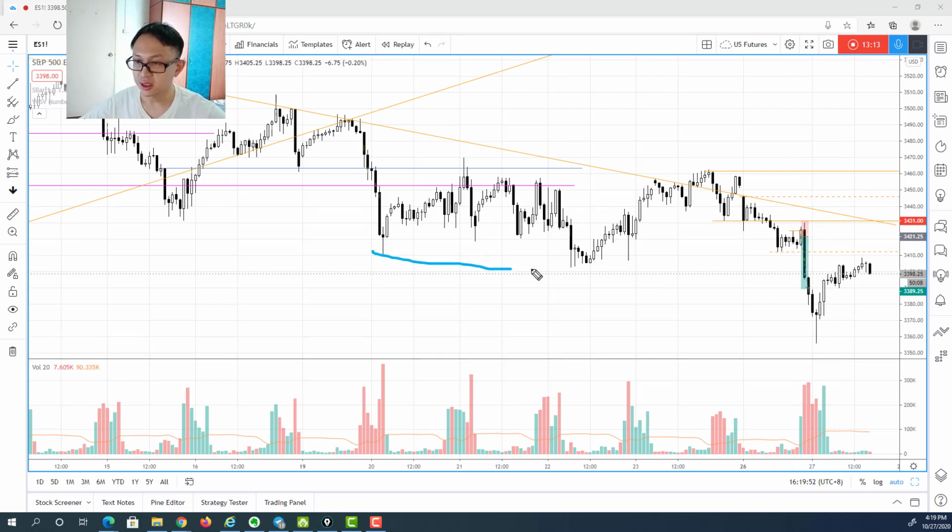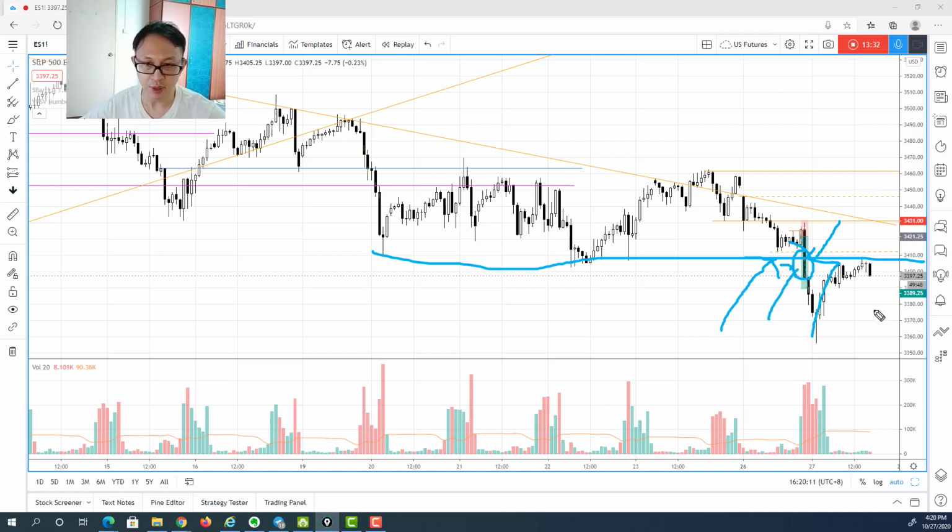So I think for the session later, definitely from 3410 to 3400, which is pretty much this breakdown bar. So going up right now as a test of this support turn resistance zone and also the breakout bar as well.